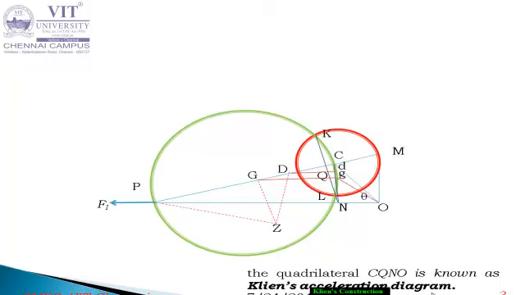Join OG and OD. So this OG vector or this OD vector, if you measure and multiply with the scale, you can get the value in terms of meter per second square. Because the acceleration polygon you have to draw by taking a scale, 1 centimeter or 1 mm is equal to this much meter per second square. By multiplying that you can get the acceleration value.